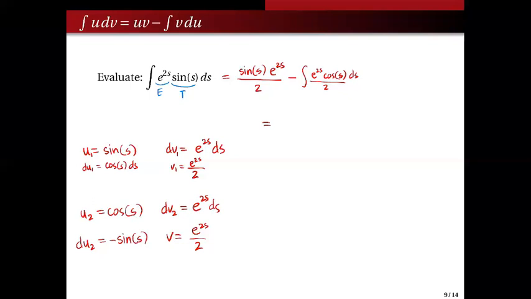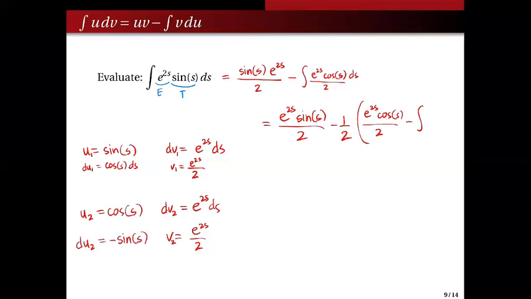Therefore, we have here e to the 2s sine s over 2 minus 1/2 quantity uv. We have the subscript here, but anyway, uv. So we will have e to the 2s cosine s divided by 2. Then minus the integral of v du.